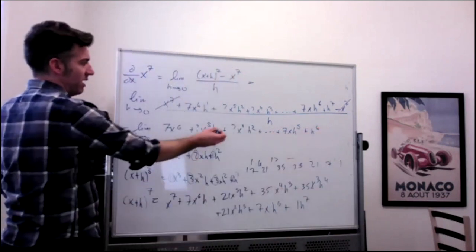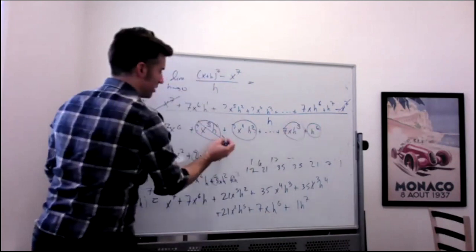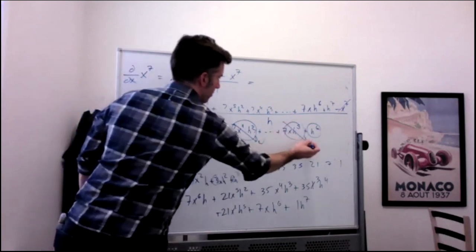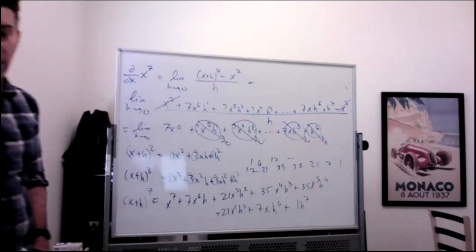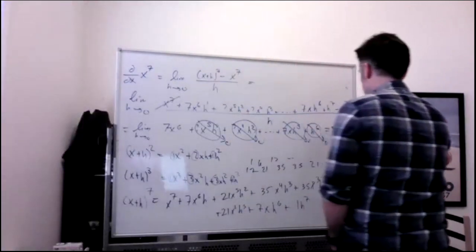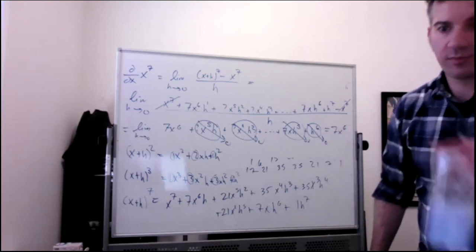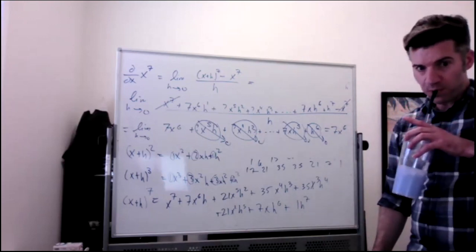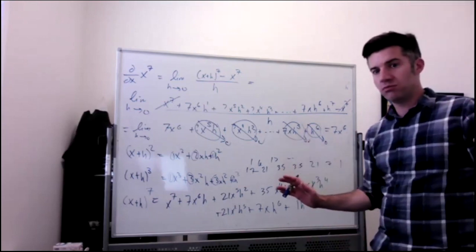And all these terms that have h's, all those go to 0. And so you're left with just 7x to the 6th. So, power rule.